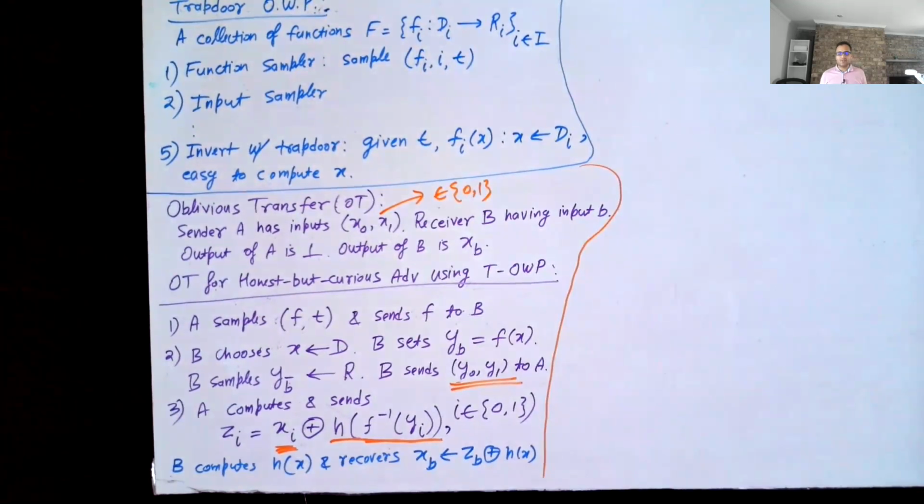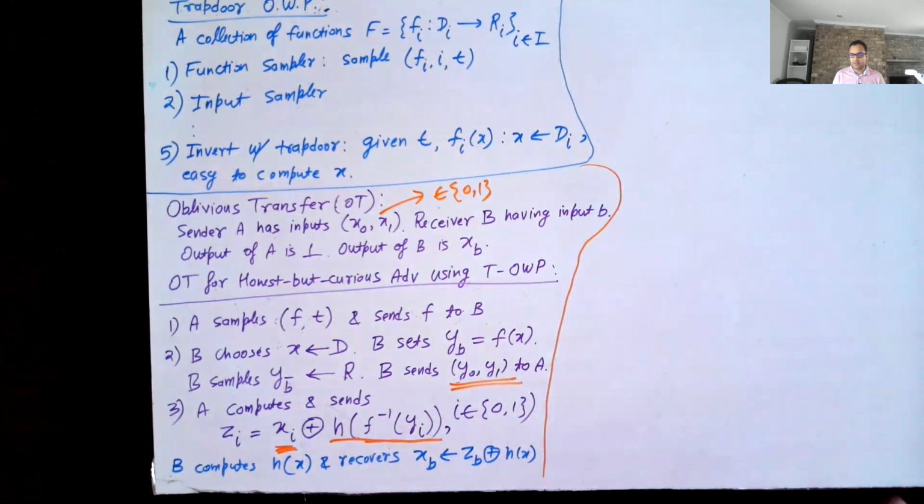So B only has one of the pre-images, and we can compute the hardcore predicate of that one and recover just one of the 2 bits. B doesn't have the other pre-image. B cannot invert the one-way permutation, and hence B cannot compute the other bit.